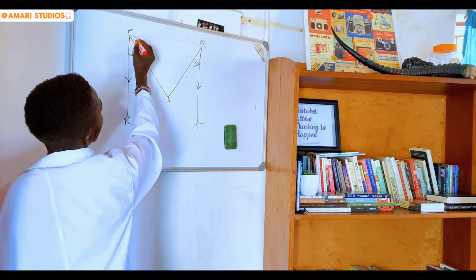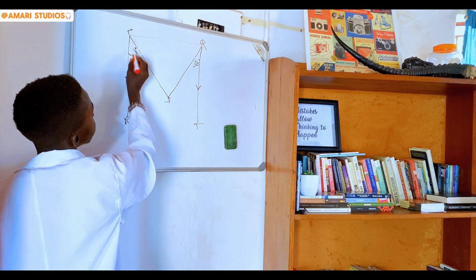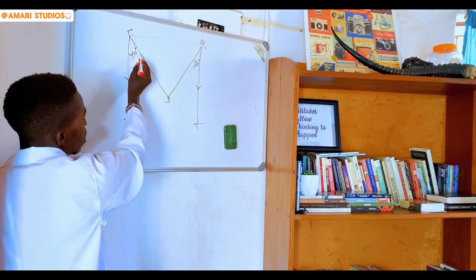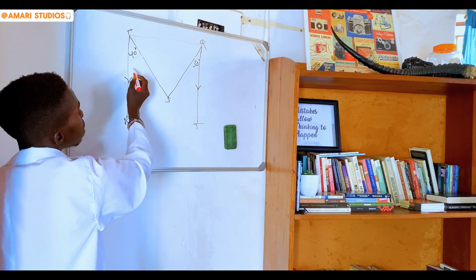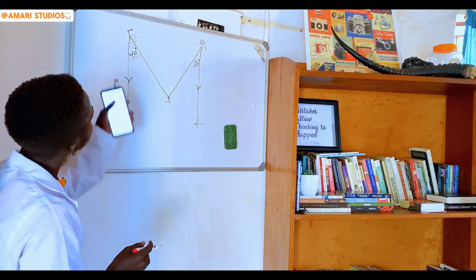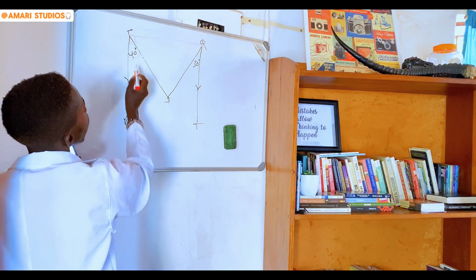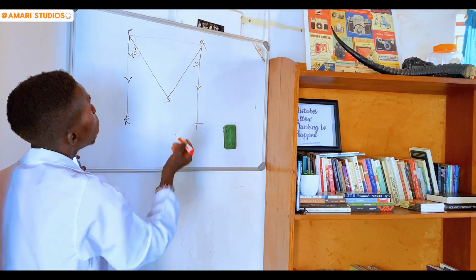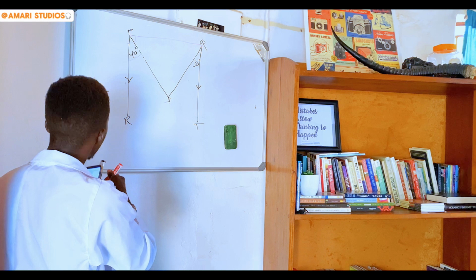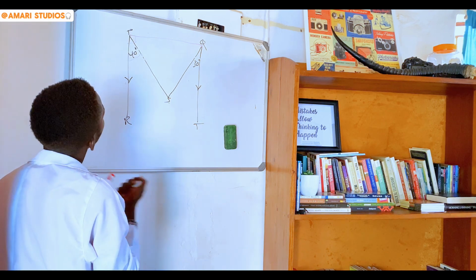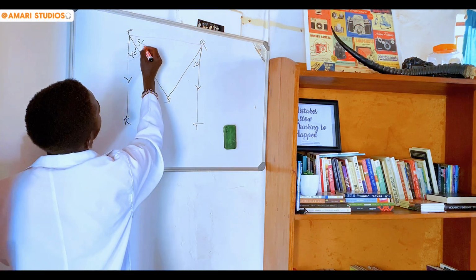So the whole angle here is 90 degrees. You have been given part of the angle, which in this case is 40 degrees. So for us to find this angle, we say 90 minus 40, of which you are going to get 50 as your answer.